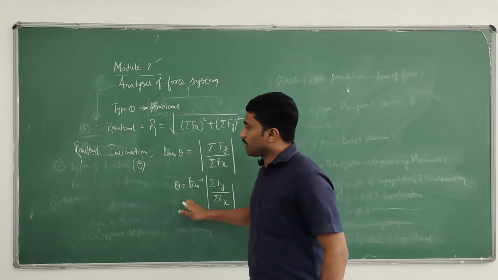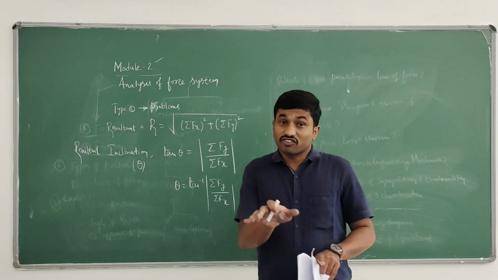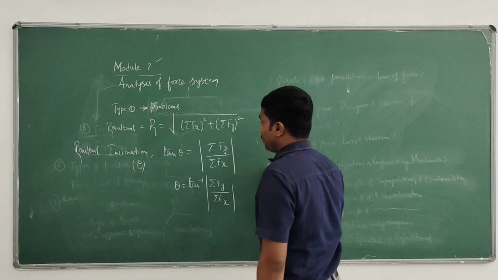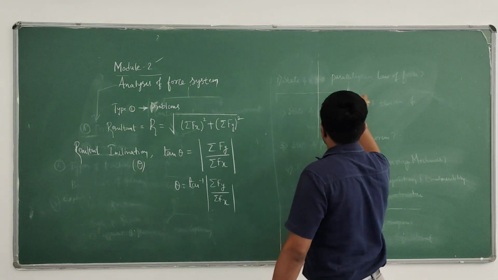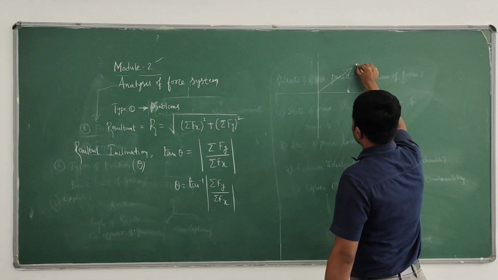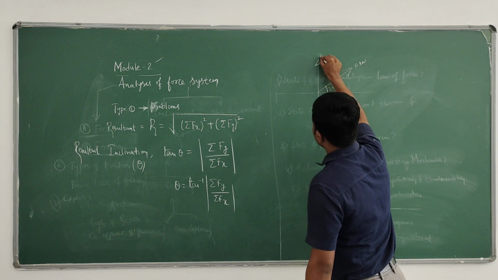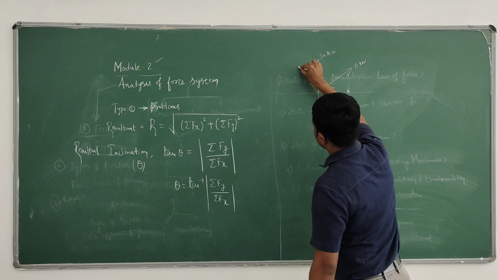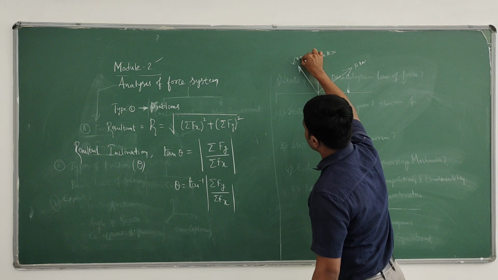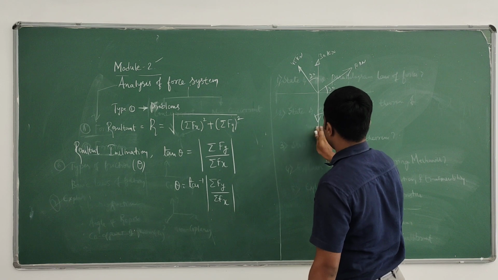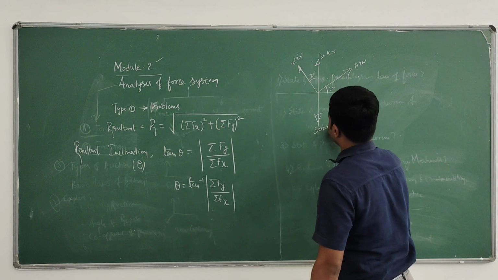Find the resultant and its inclination for 6 marks. The problems of this kind are generally like this: 10 kilonewton, 30 degree, 30 kilonewton, 45 kilonewton, like this.